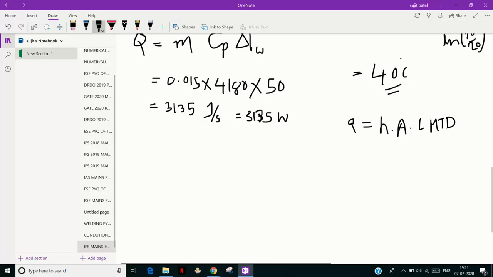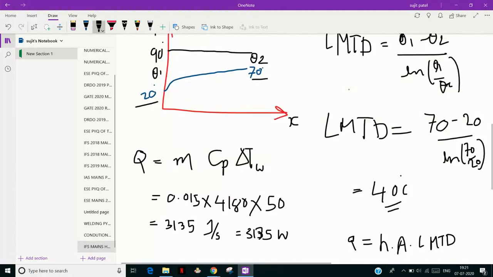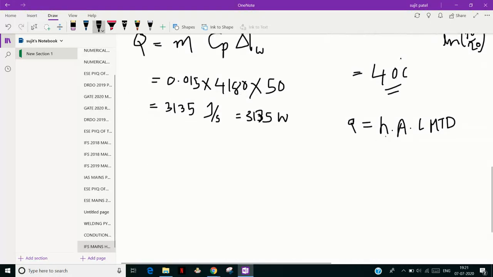In the overall heat transfer coefficient, all resistances like convective resistance and conduction resistance in Cartesian or cylindrical coordinates are included, but here no other losses are mentioned, so we will take U as h, and it becomes h A into LMTD. So the total heat supplied throughout this pipe is 3135 equals h A LMTD. The heat is supplied on the peripheral area of the pipe, so A is pi d L, and LMTD is 40 degrees.